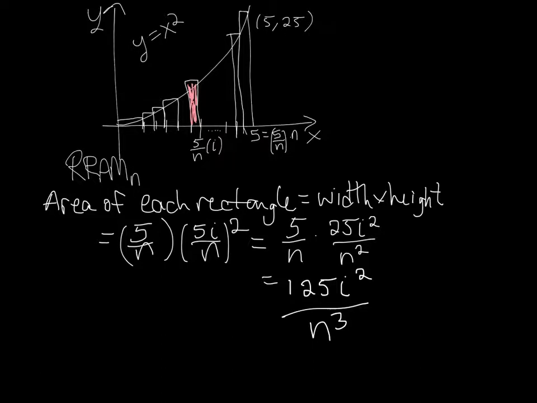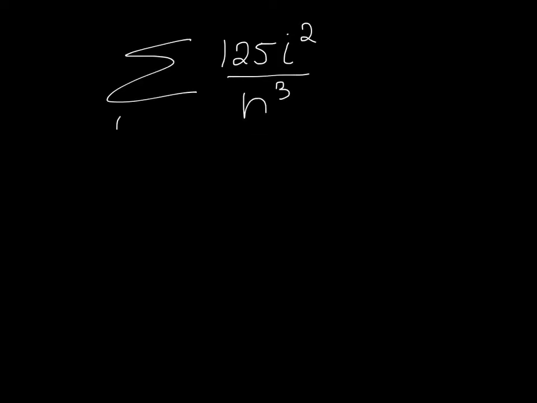Let's take that and add up all n rectangles. So we have 125i squared over n cubed, 125i squared over n cubed, and we want to add that all up for all the rectangles, i going from 1 to n.